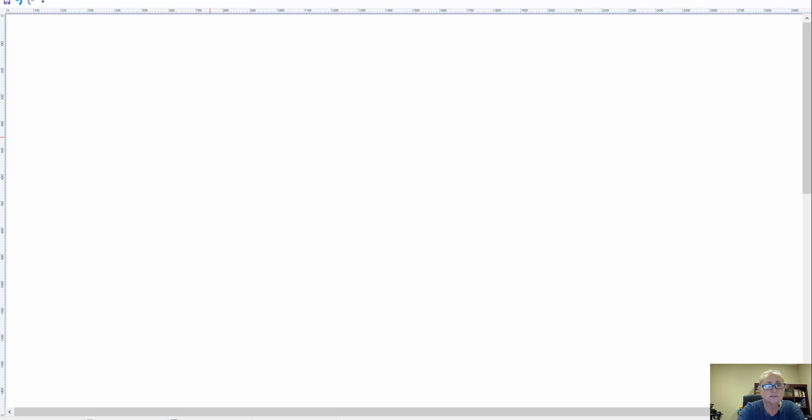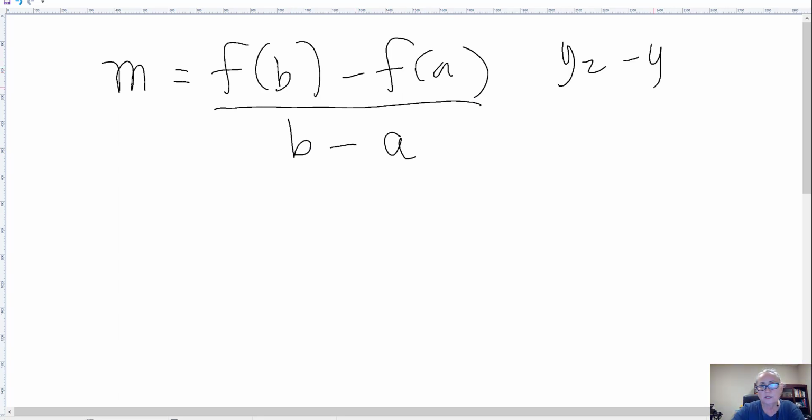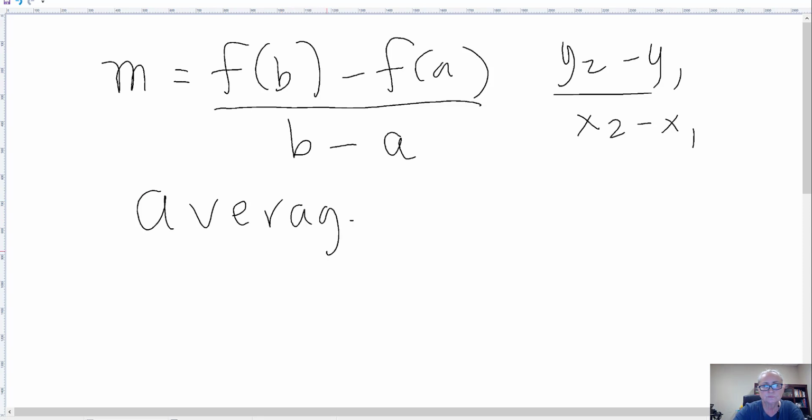So our regular slope formula, f of b minus f of a over b minus a, that's y2 minus y1 over x2 minus x1. That's the average rate of change.